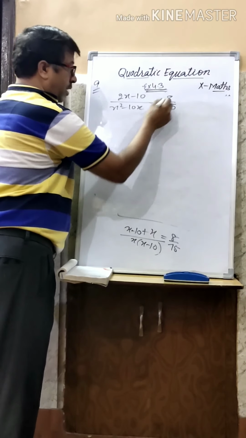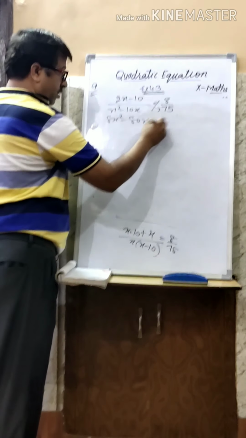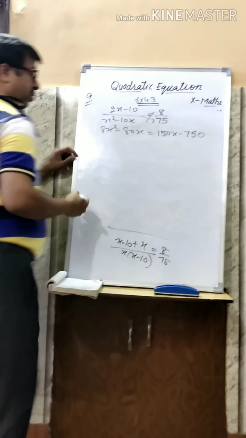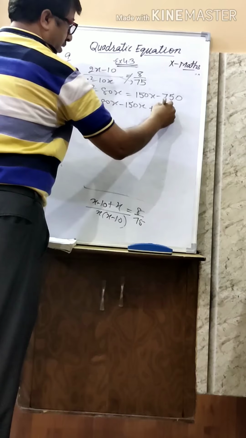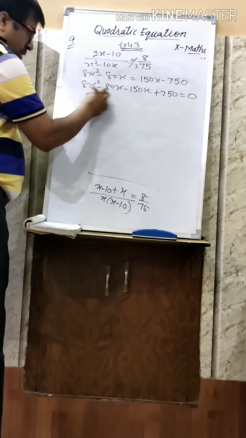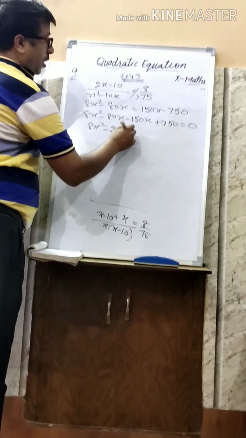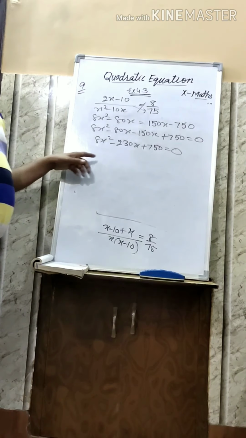Now cross multiply: 75 into 2x minus 10 is 150x minus 750, and 8 into this is 8x square minus 80x. So 8x square minus 80x minus 150x plus 750 is equal to 0. So you see 8x square minus 230x plus 750 is equal to 0.